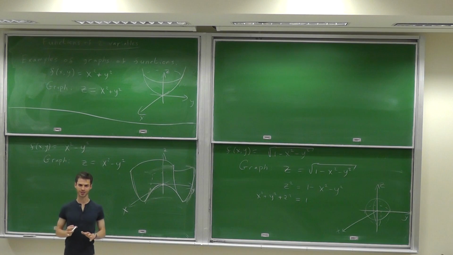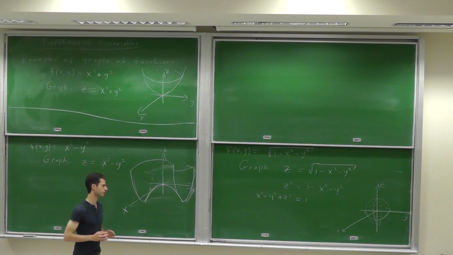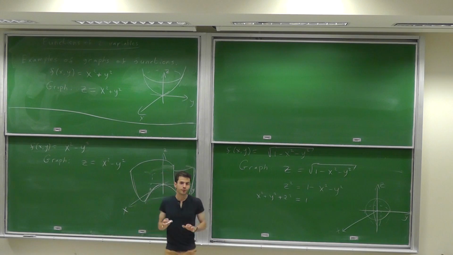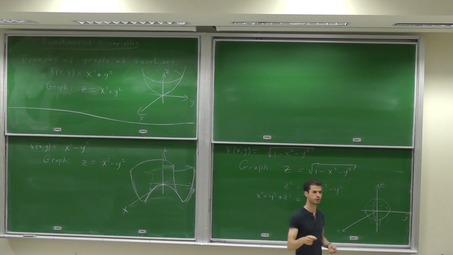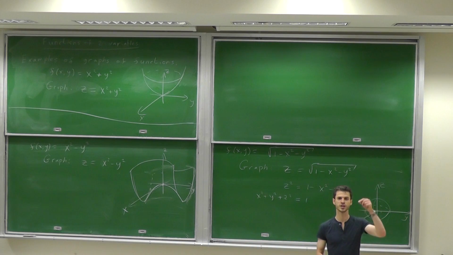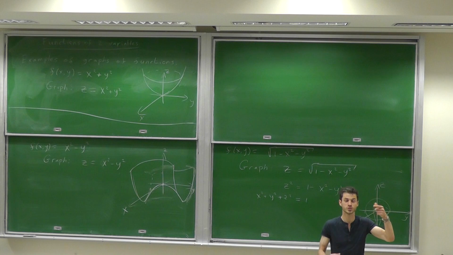In fact, not quite. Why not? Look, a graph of a function is something that shows above each point x, y what is the height, and this height measures what is the value of the function.